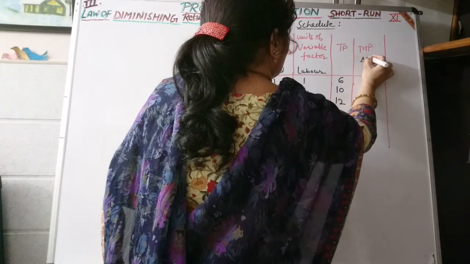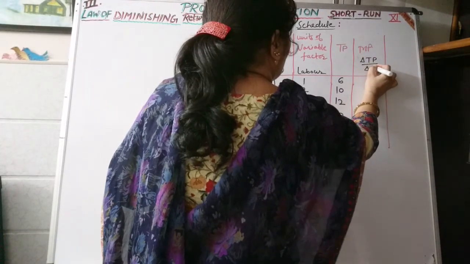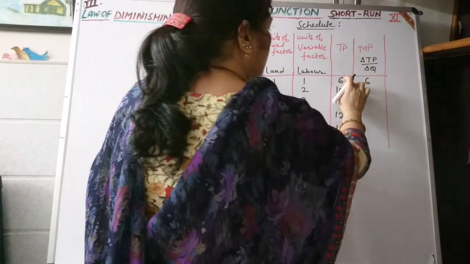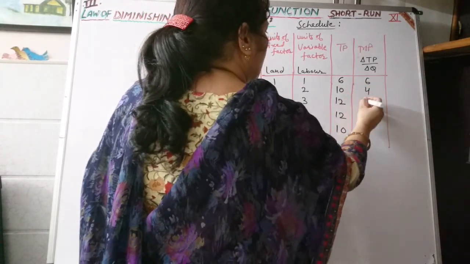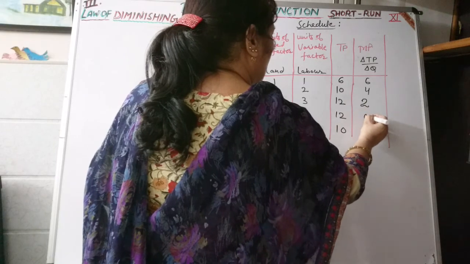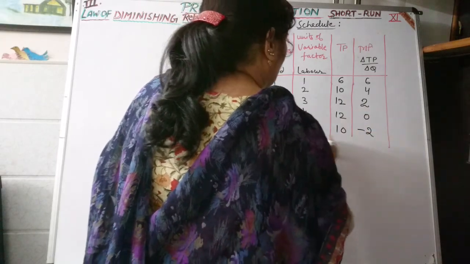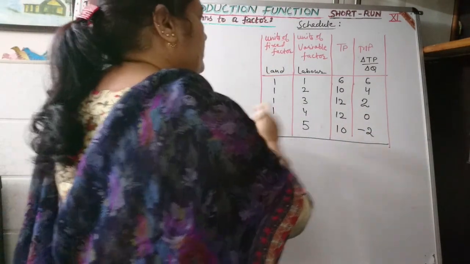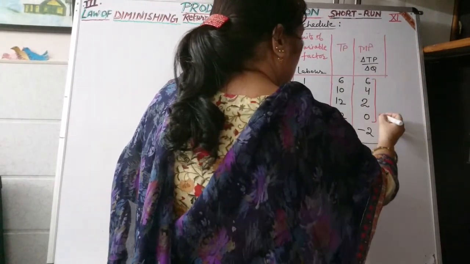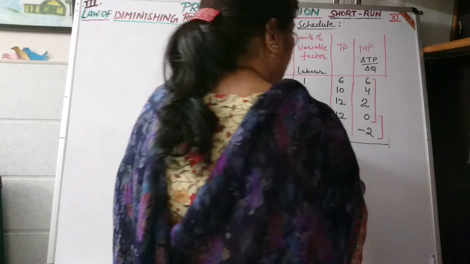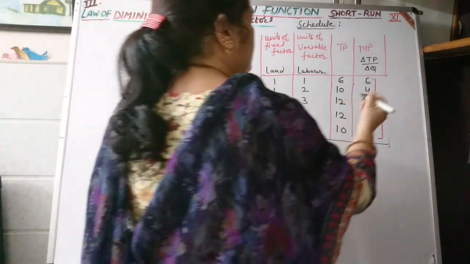Marginal production is change in total production divided by change in quantity. First unit is 6, then 10, so change occurs 4, here change occurs 2, here change occurs 0, then minus 2. So here I am preparing diminishing returns to a factor and also zero or negative returns.